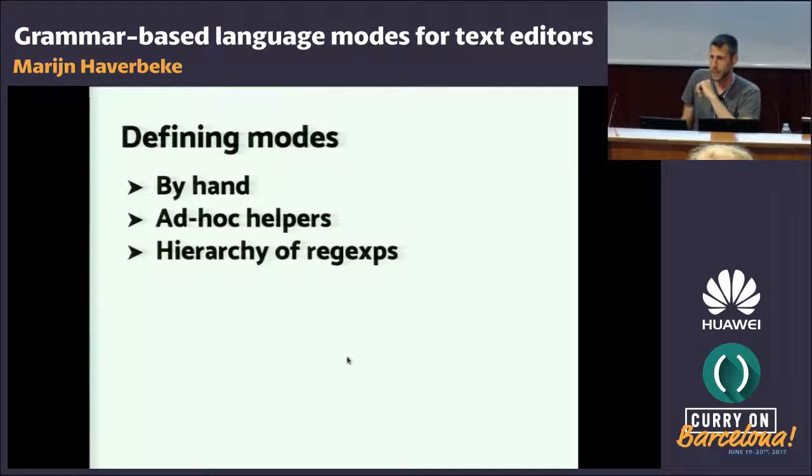The techniques that exist for this: a common one, which my editor uses, is to just write a function like the one I described before by hand, which maintains the state manually and is basically a souped-up tokenizer. The only other system that seems to do this is the IntelliJ family of IDEs.